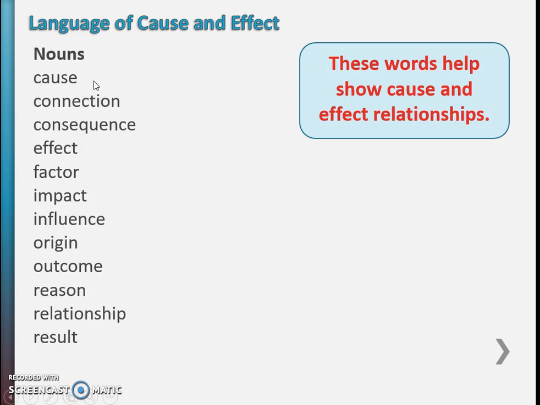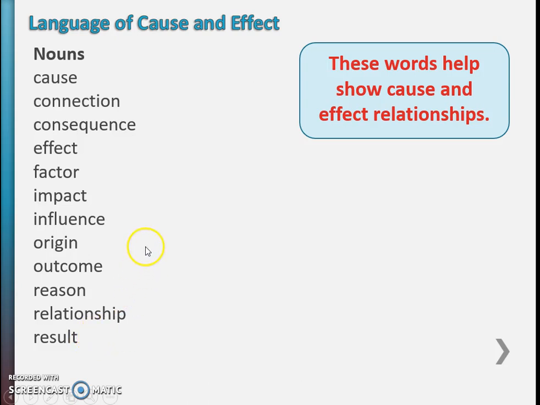It's often a good idea to underline or circle or highlight these words, because these words help us show cause and effect relationships. They're words like cause, connection, consequence, effect, factor, impact, influence, origin, outcome, reason, relationship, result. These are words we need to pay attention to.